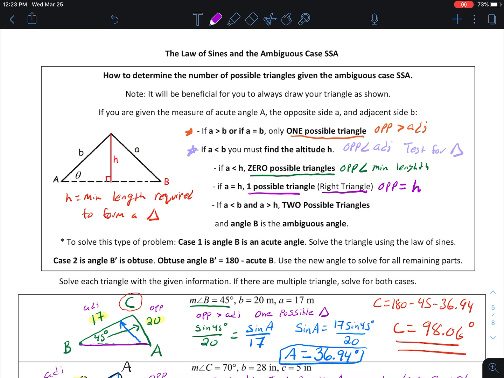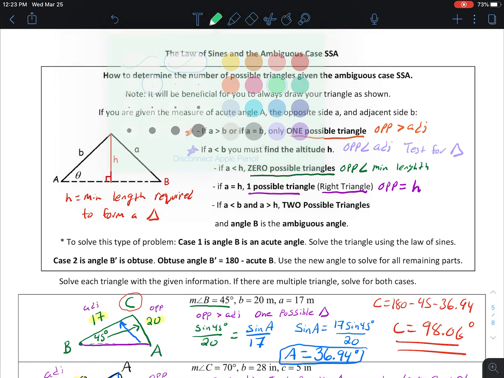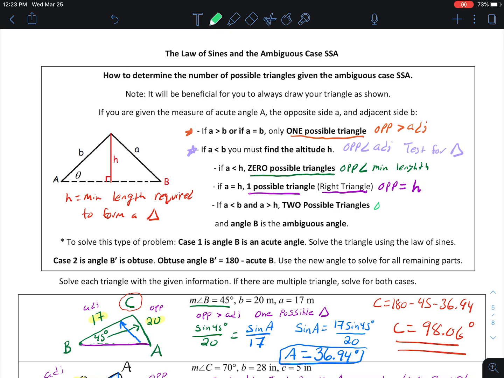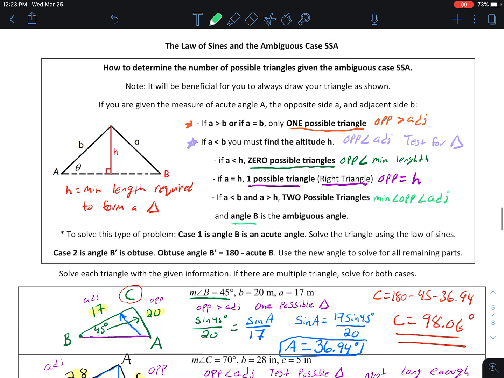And then if the opposite side is smaller than the adjacent but bigger than H, we have 2 possible triangles. The angle that is the ambiguous angle in this case would be the one on the bottom right. And so that is the ambiguous case.